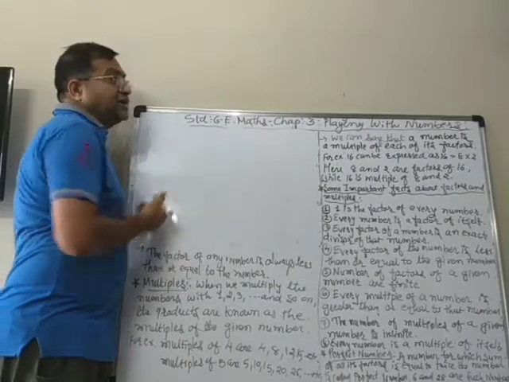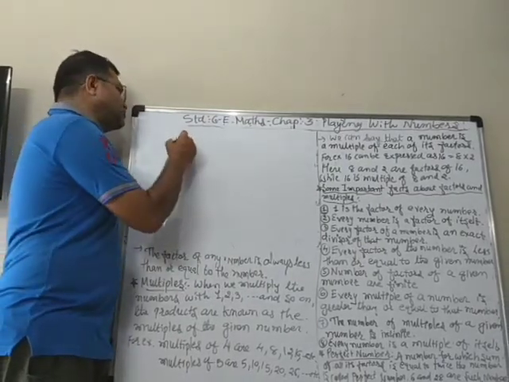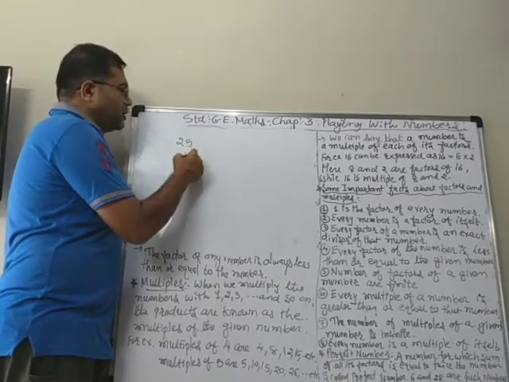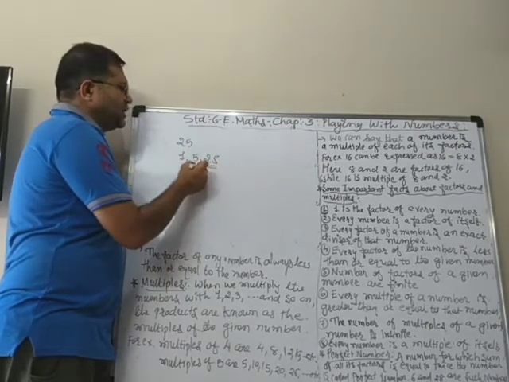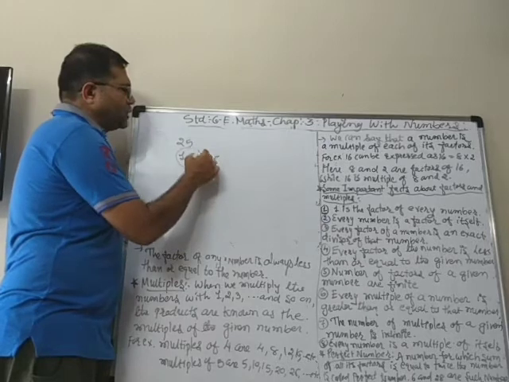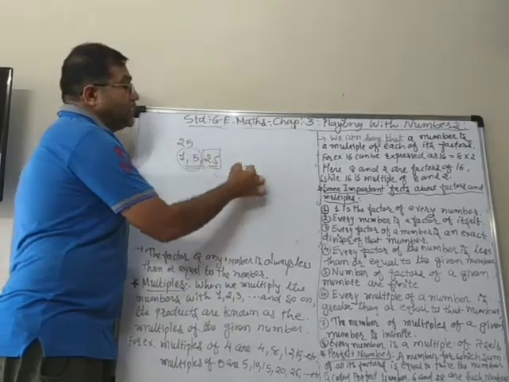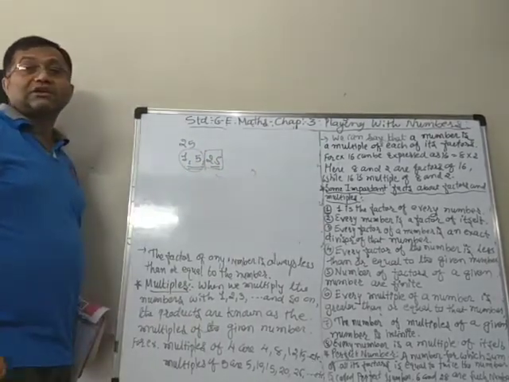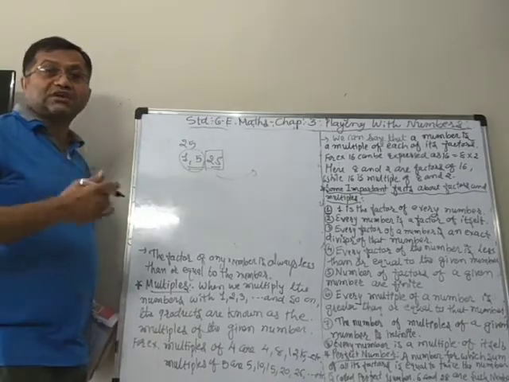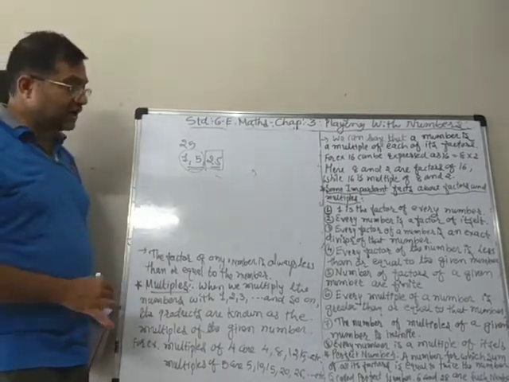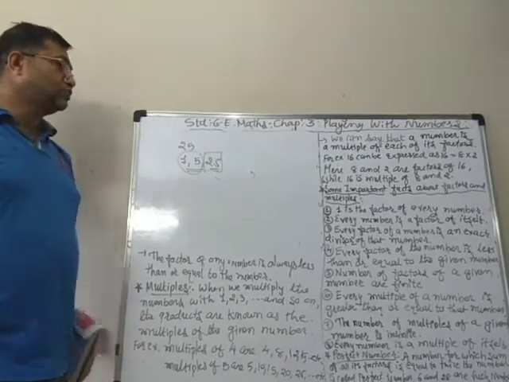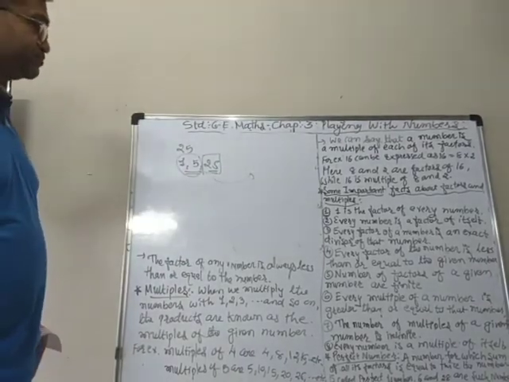Whenever we write down factors, like the factors of 25, they are 1, 5 and 25. So they are either less than it or equal to it. It cannot be more than 25; 30 cannot be a factor. So the factors of any number are always less than or equal to the given number.